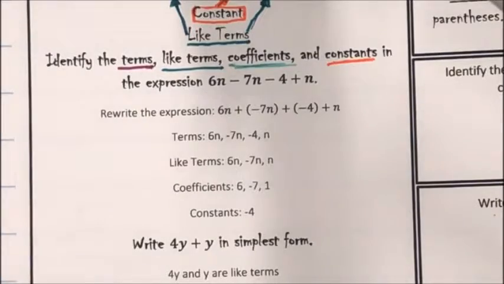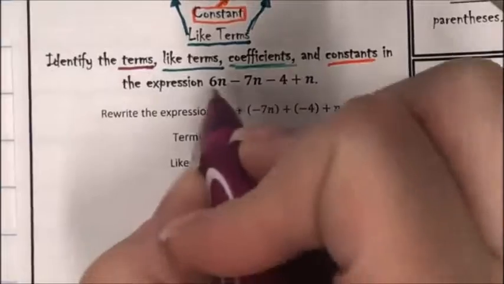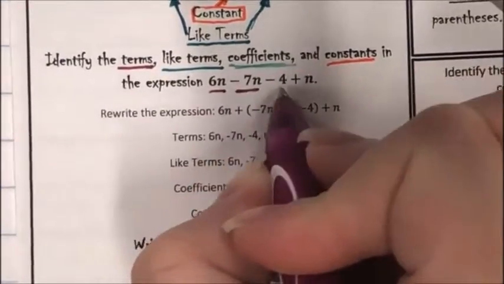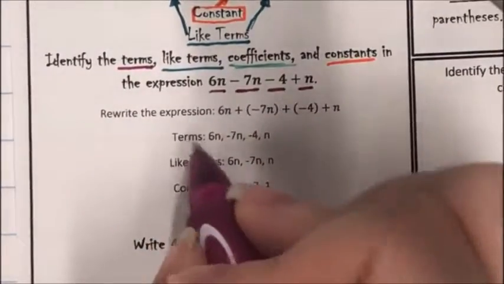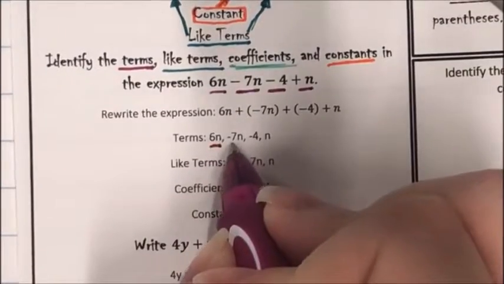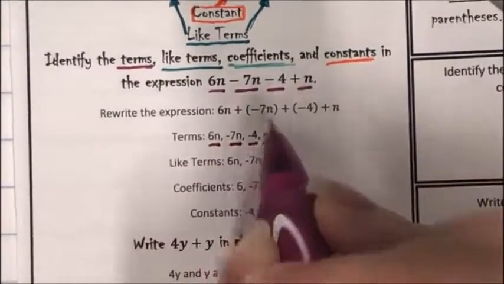Now these can be more than one thing, just so you know. So each one of these are terms. Okay, so the terms: 6n, negative 7n, negative 4, and n.